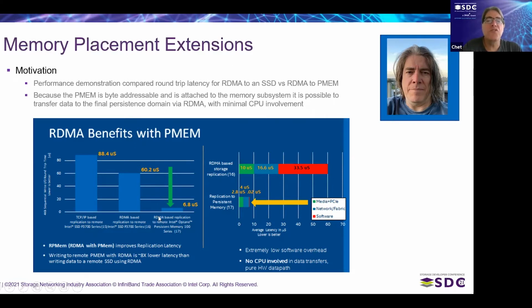So this is a huge motivation to want to use persistent memory, certainly with RDMA. A lot of what I'm going to talk about in connection with these memory placement extensions, I'll show some examples that are specific to persistent memory. But all of what I'm going to talk about applies to volatile memory as well. So anyway, that's the motivation from a performance perspective.